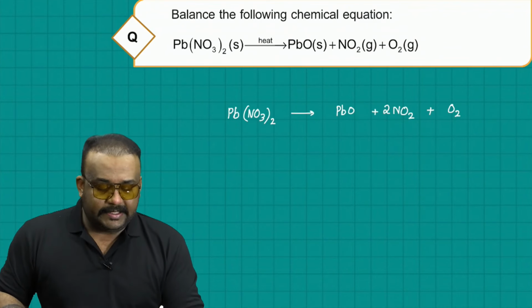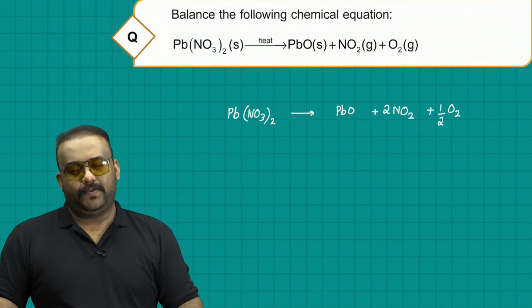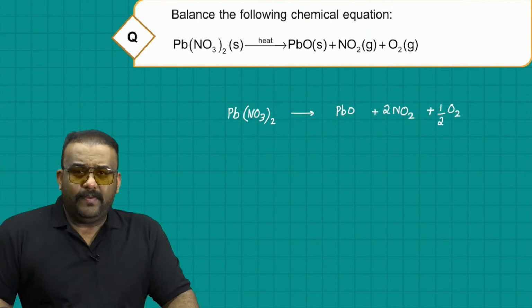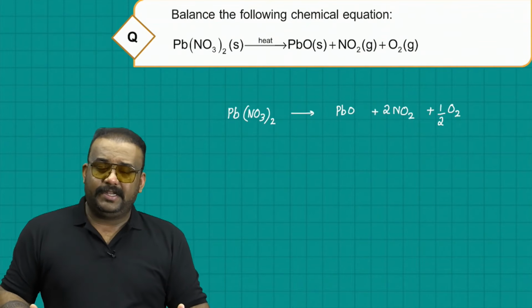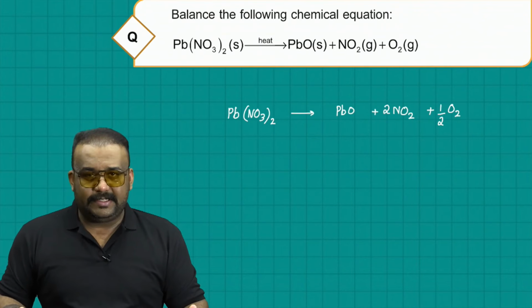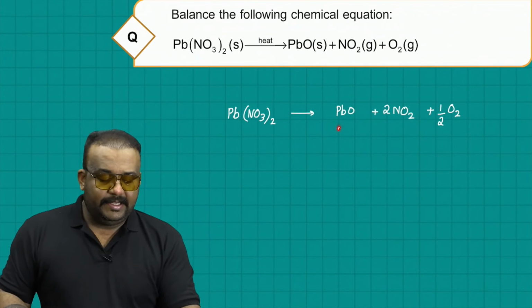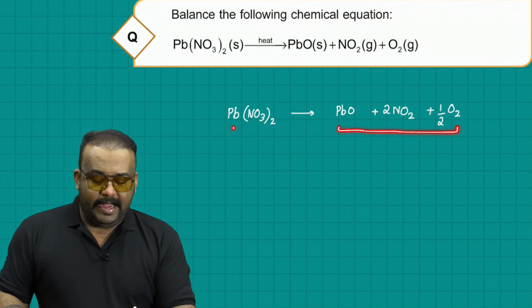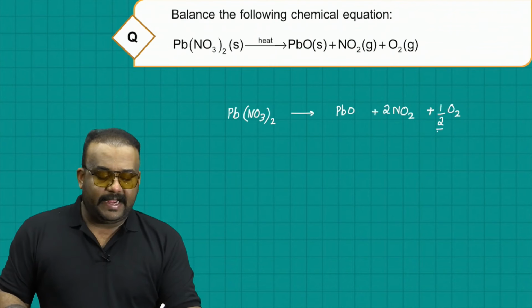So let me make this half O2. While balancing, we can use fractions, but in the final balanced equation, you are not supposed to have fractions. So the number of atoms of oxygen is now 6 here, and here also it is 6. But I want to get rid of this fraction.